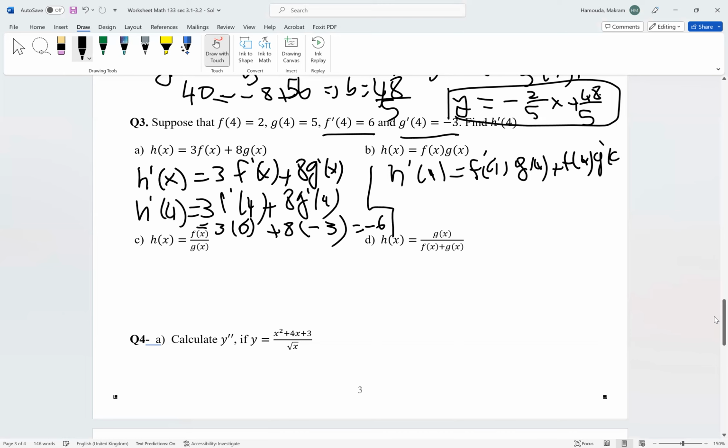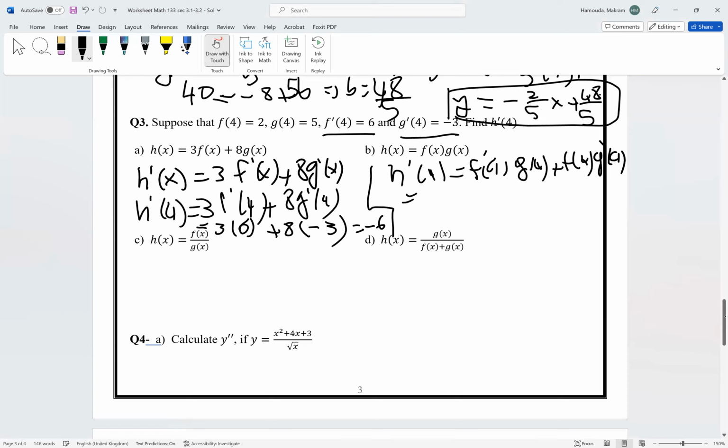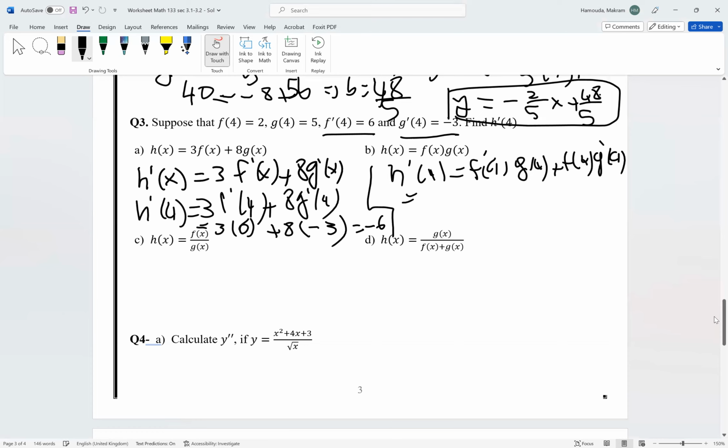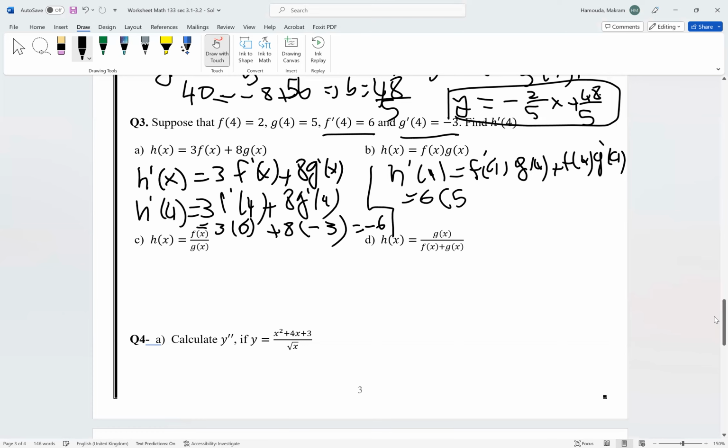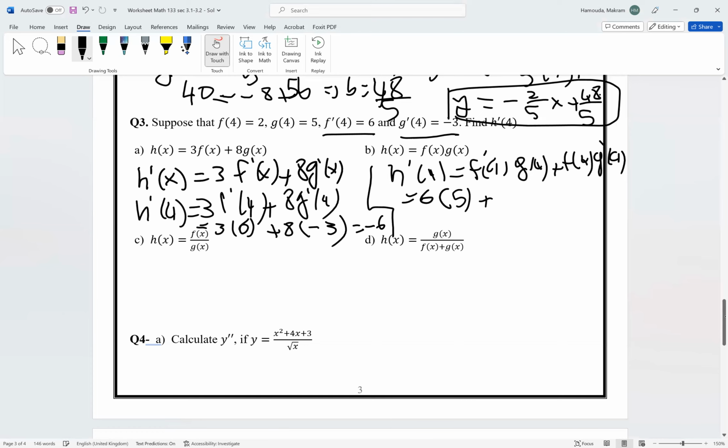Okay? And I have all the values here. F prime of 4, this is 6, times g of 4, which is 5, plus f of 4, which is 2, times g prime of 4, which is minus 3. Now computation. 30 minus 6, that means 24.